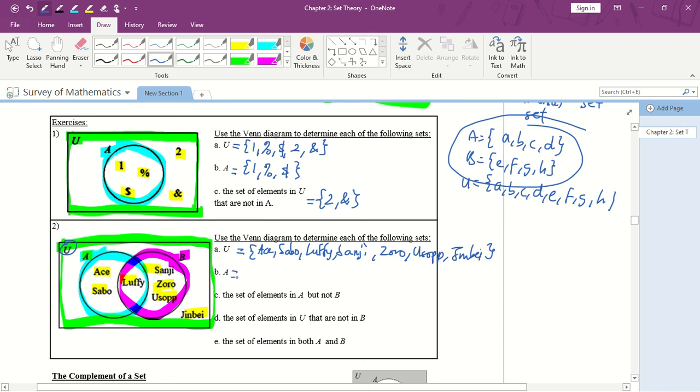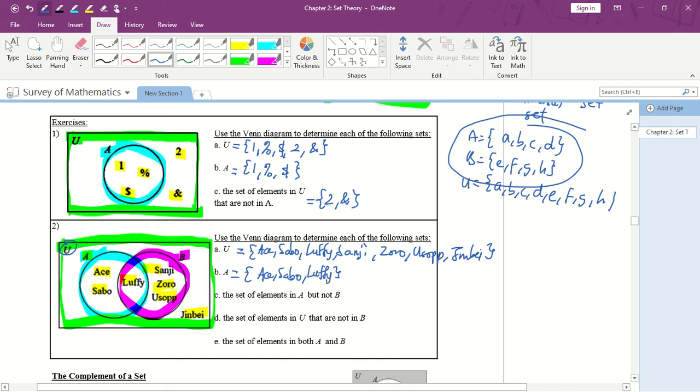And now it asks, what are the elements in set A? Set A means the blue color region, blue color box. So we have Ace, Sabo, and also Luffy. And now let's look at the next one.